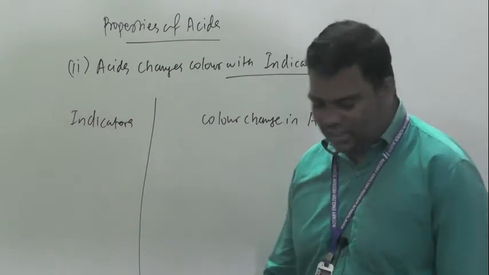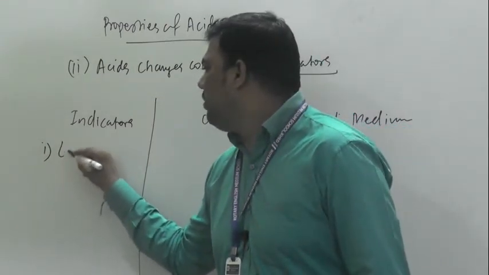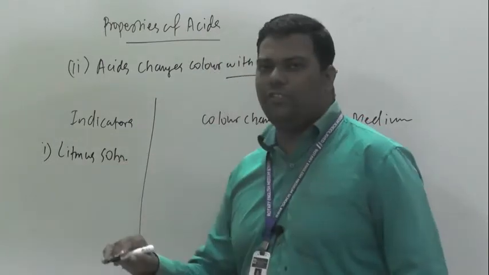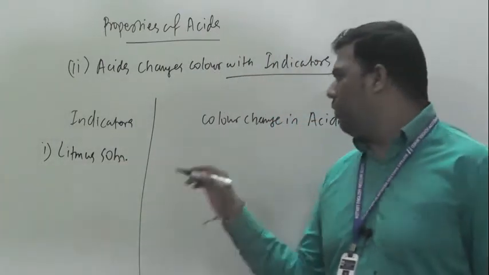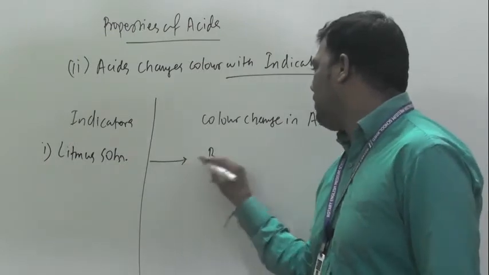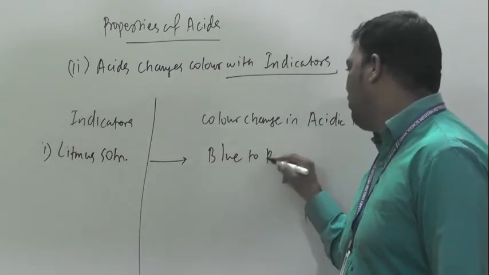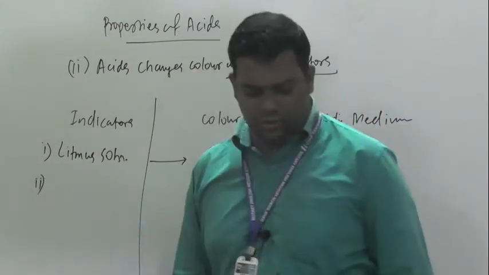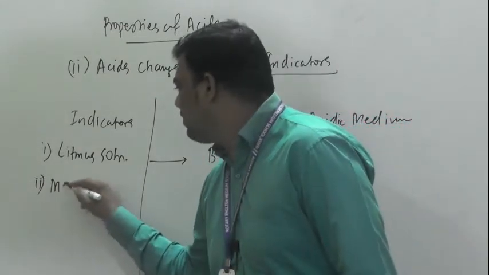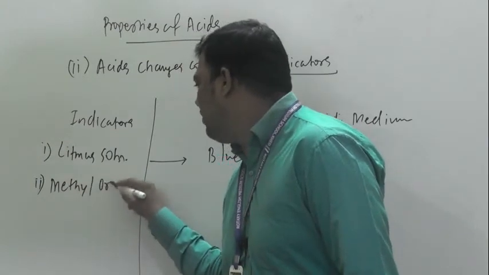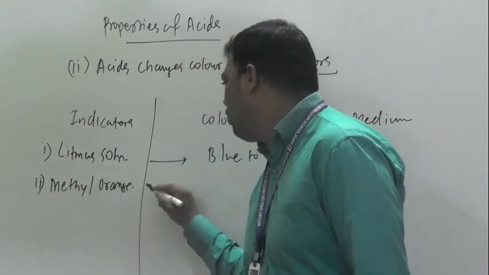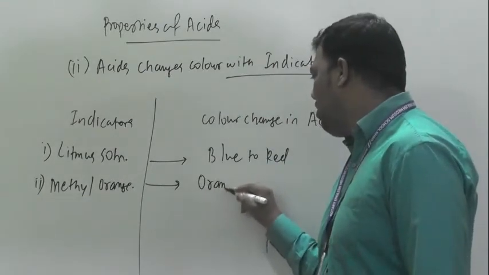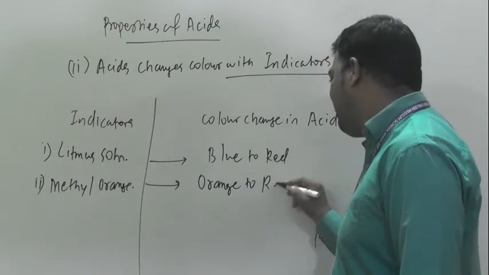First, litmus solution. It changes from blue to red. Next, methyl orange. The original color is orange, and in acidic medium it changes from orange to red.